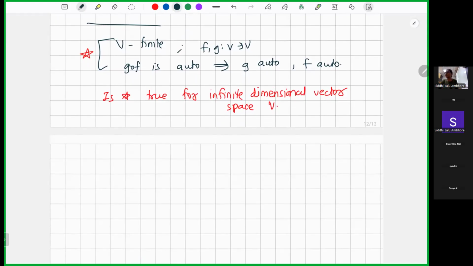I think sir has said it is not possible. Yes. In the case of infinite dimensional vector space, it does not hold true. So did you come up with an example when sir said that it is not possible? Did you try to obtain an example where the composition is an automorphism, but F is not an automorphism, something like that?